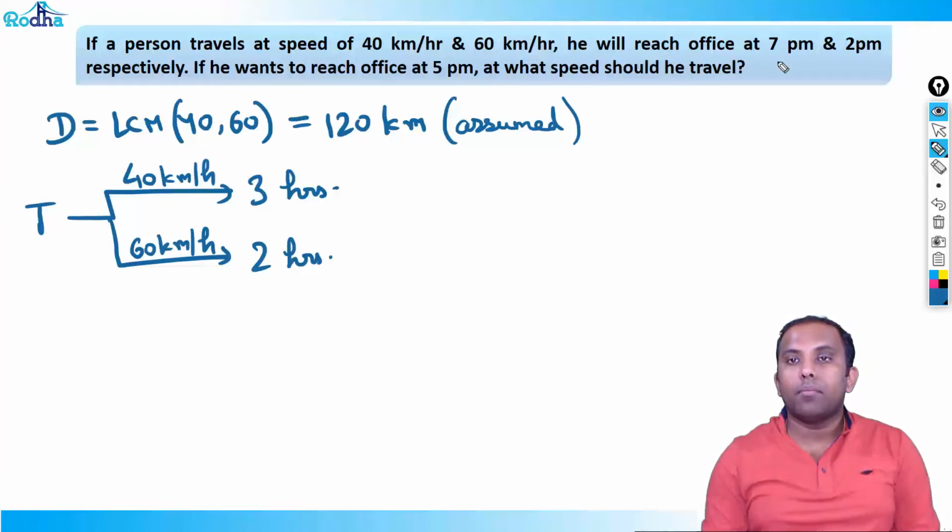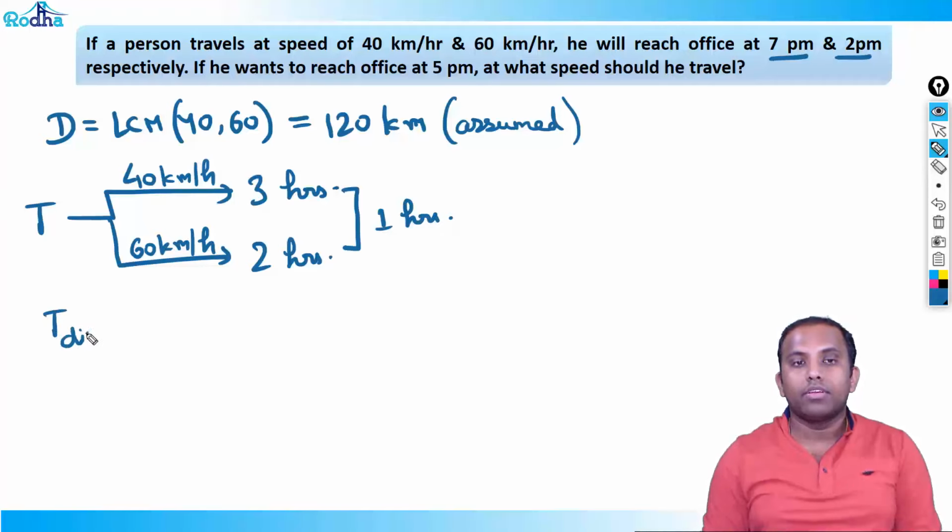Again we have here 7 p.m. and 2 p.m., so the time difference is 5 hours. That means actually the difference here is 1 hour. So if the time difference is 1 hour when the distance is 120 kilometer, in my case I want a time difference of 5 hours.